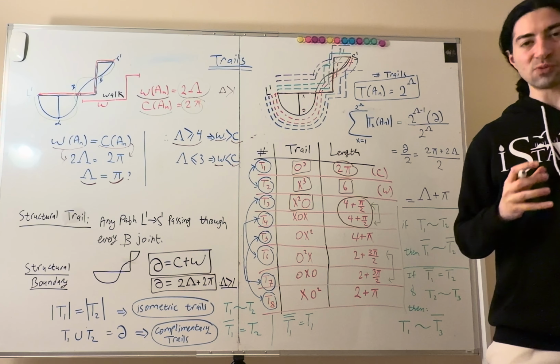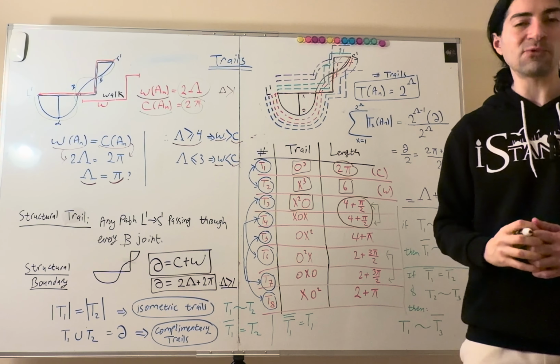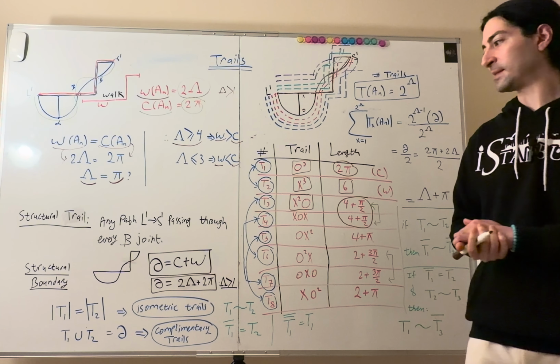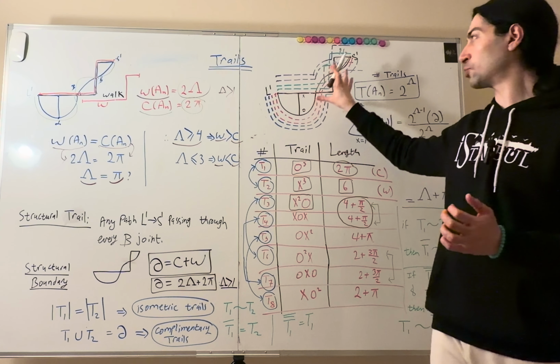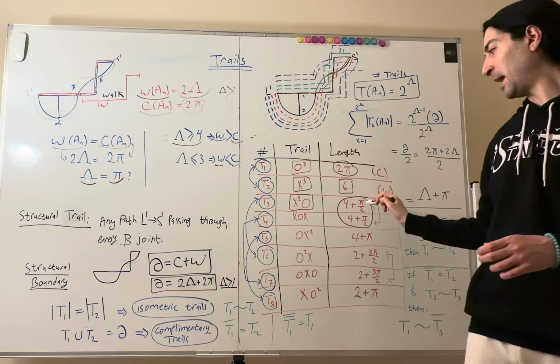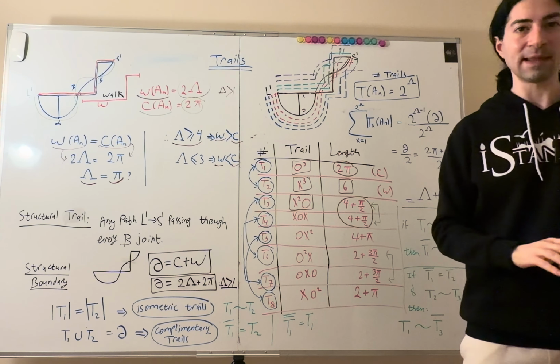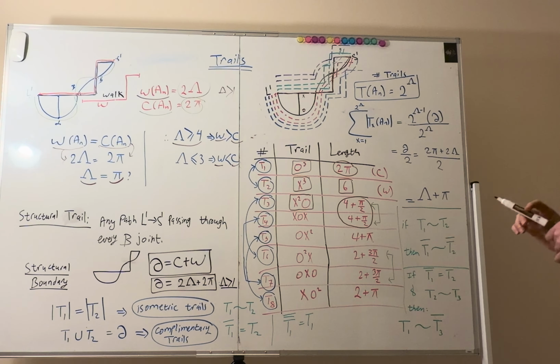Again, we're using these words a little bit loosely, but we need to identify some vocabulary to define these terms. So two isometric trails are any two trails within the same sectoral structure that have the same total length. So let's see if we can find other isometric trails.